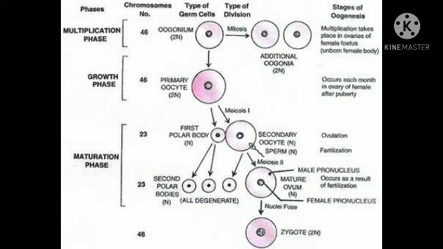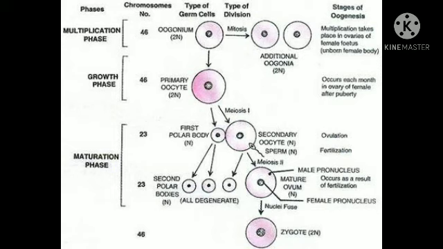Okay, so after this, if the female copulates with the male and receives the sperm, only then does fertilization occur, and it produces a functional mature ovum that ultimately forms the zygote.